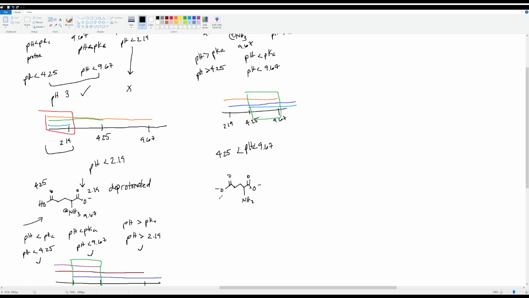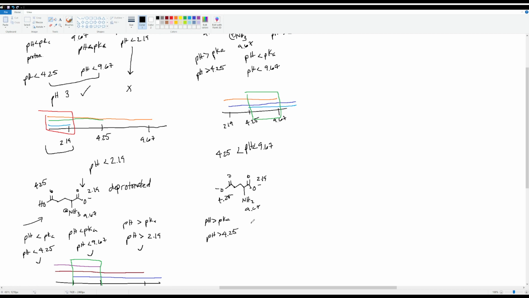All right, 4.25, 9.67, and 2.19. So my R group is deprotonated. So my pH needs to be greater than my pKa. So my pH needs to be greater than 4.25.